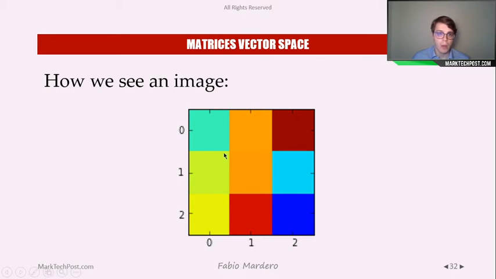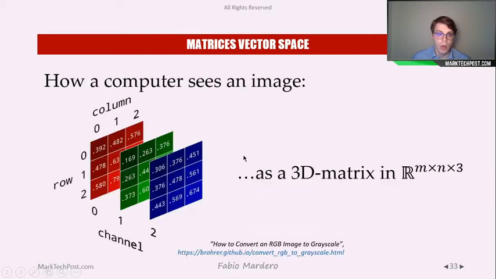But how can the computer, and how can we, formally define this image? Well, we can define it with a 3D matrix in a space that is R^(m×n×3). So let's see the m, n, and 3. Well, m and n are the width and height of the image.